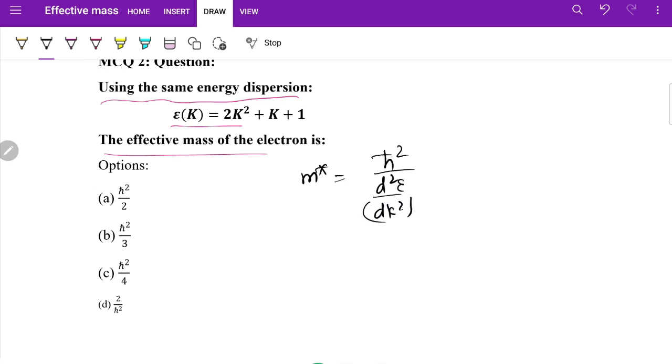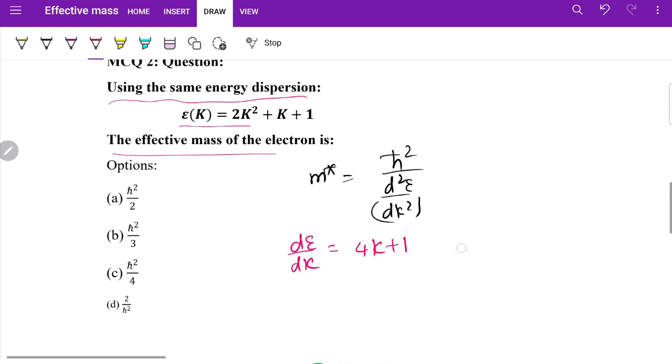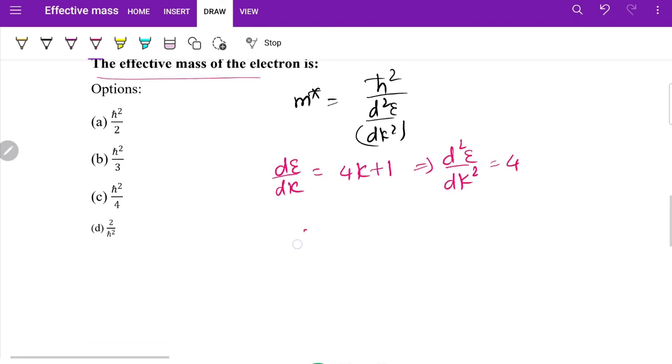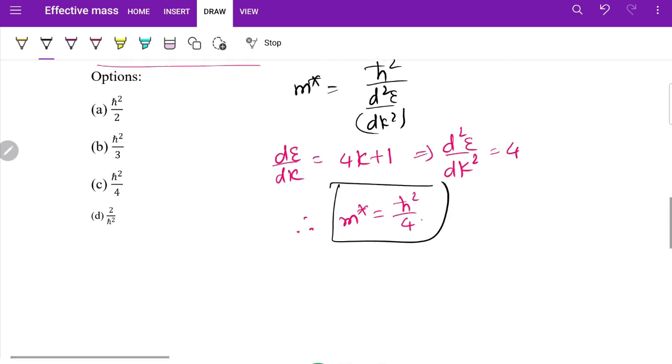In the previous problem we found the first derivative d epsilon by dk, which is 4k plus 1. If we differentiate again, d square epsilon by dk square yields 4. Therefore m star is equal to h cut square by 4. We substituted this value in the formula. So that's it.